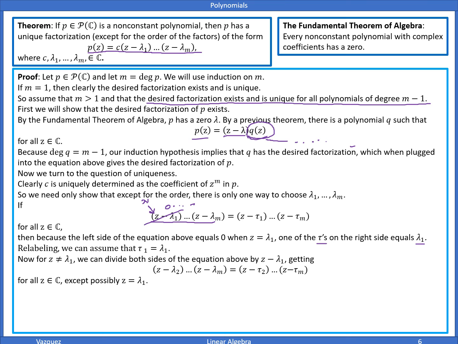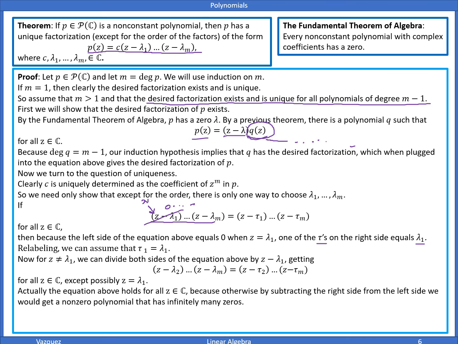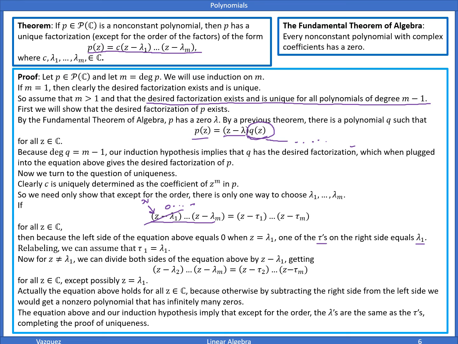Right, so we can divide both sides of the equation by z minus lambda 1, getting again an equality. And the above equation holds for all z complex numbers, because otherwise, as it says here, by subtracting the right side from the left side, we would get a non-zero polynomial that has infinitely many zeros.